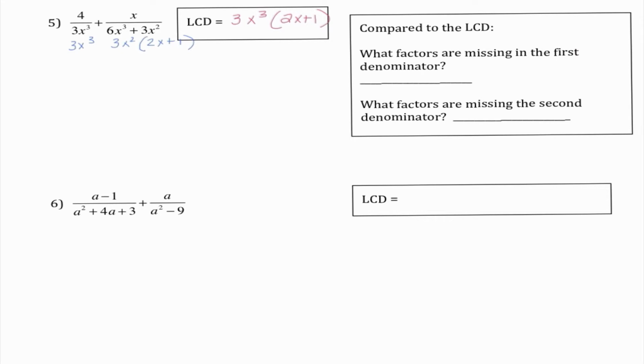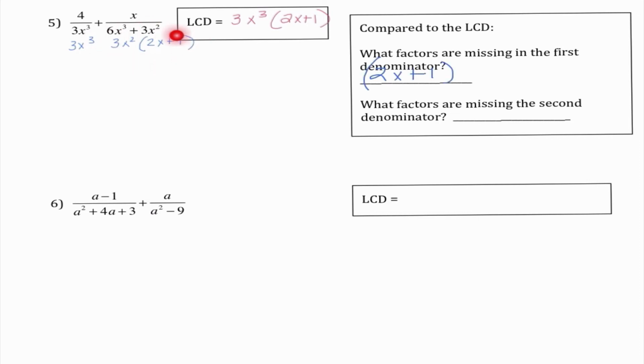Now we need to go ahead and get common denominators. I'm going to look at this first fraction and compare to the LCD to see what factors are missing. Our LCD is 3x cubed times 2x plus 1. I notice I have 3x cubed. I am missing 2x plus 1.